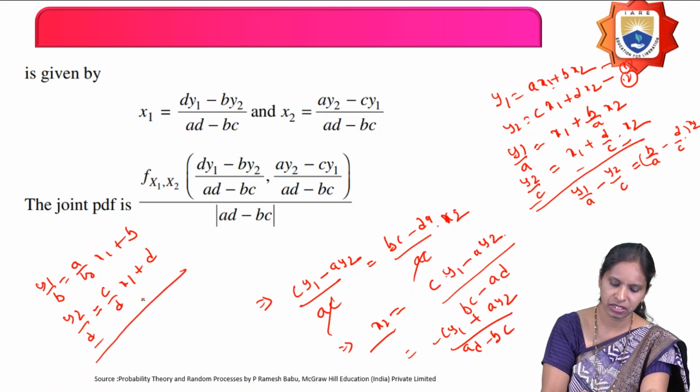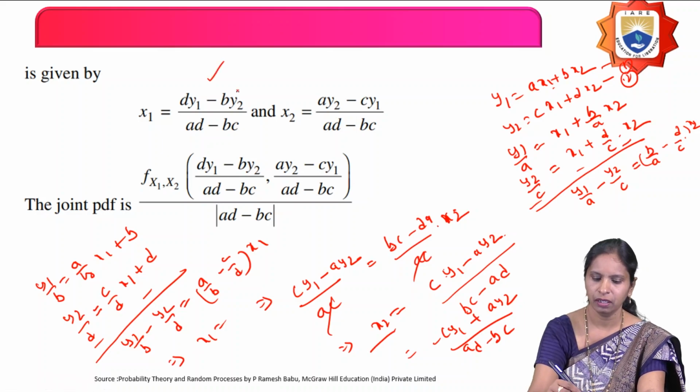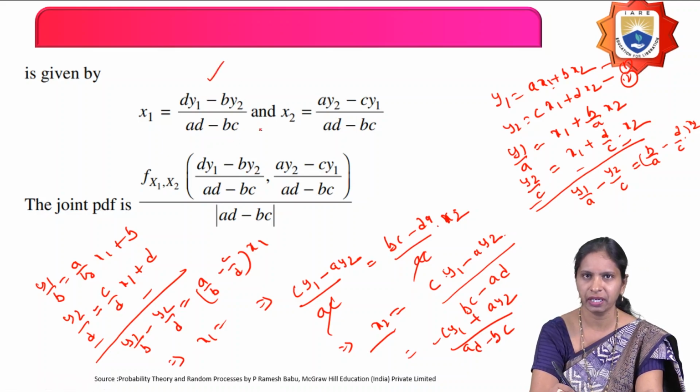Then subtract on both sides. Then what can happen here? y1 by b minus y2 by d is equals to a by b minus c by d into x1. So from this, x1 is equals to d y1 minus b y2 by ad minus bc.